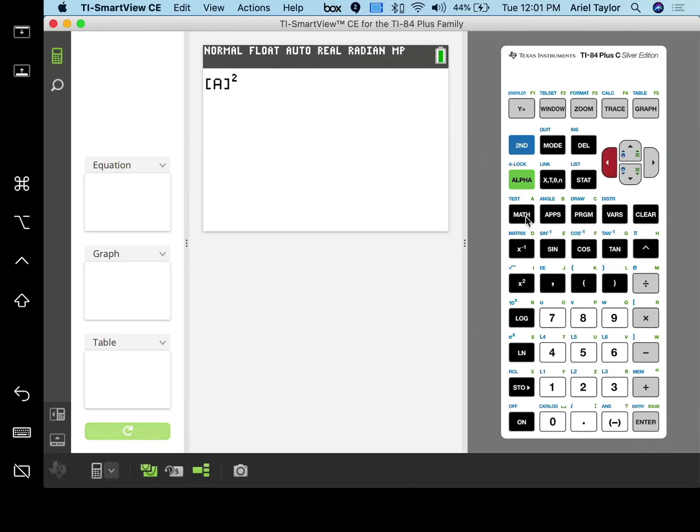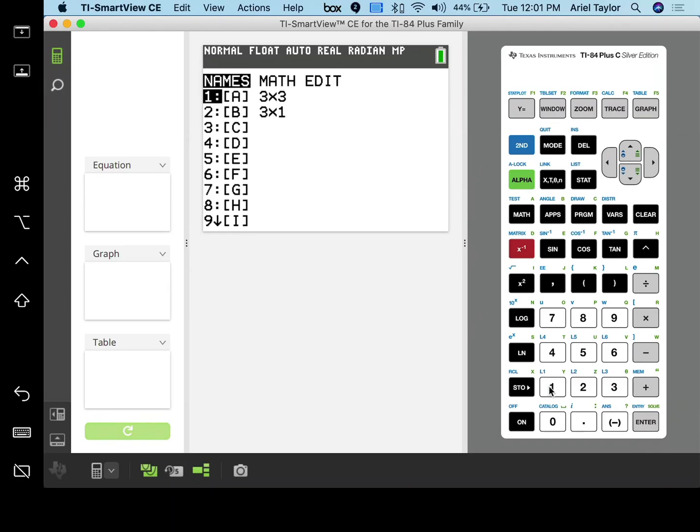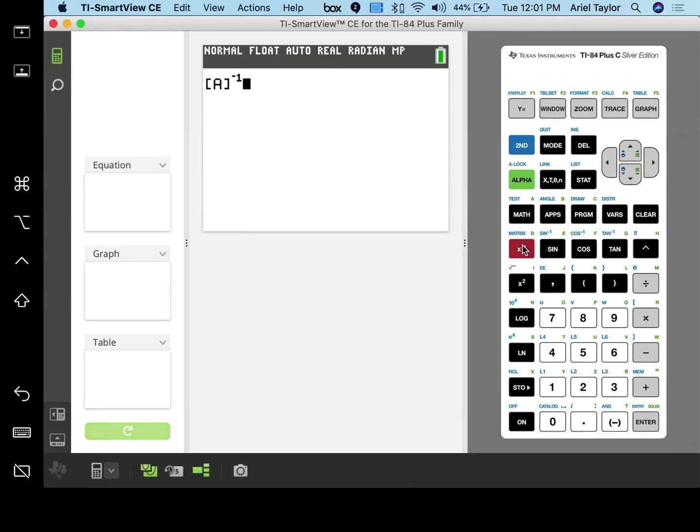Go back. Let's just try that again. Matrix A inverse times matrix B. And we have that D equals -1, E equals -5, and F equals 0.